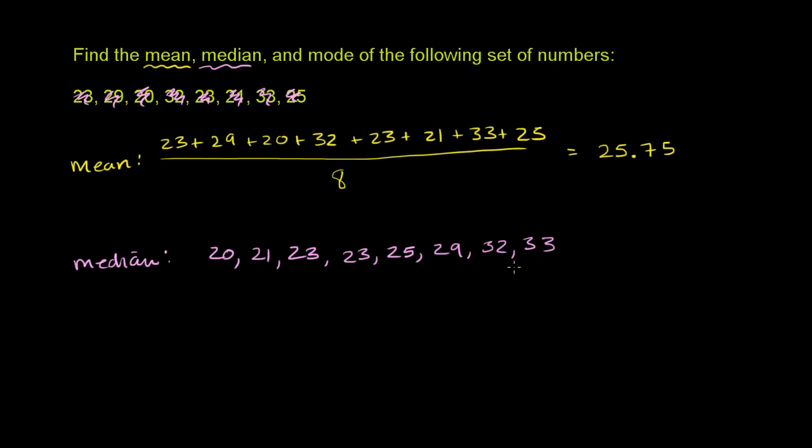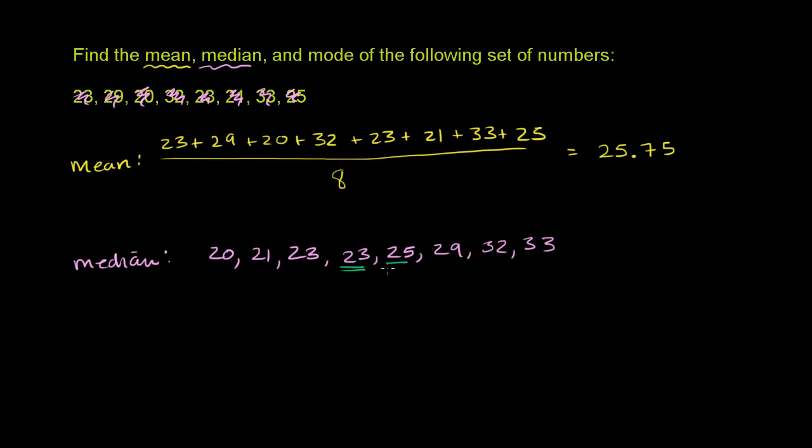So what's the middle number now that we've ordered it? We have 1, 2, 3, 4, 5, 6, 7, 8 numbers. We already knew that. And so there's actually going to be two middles. If you have an even number, there's actually two numbers that kind of qualify for the middle. And to actually get the median, we're going to average them. So 23 will be one of them. That by itself can't be the median because there's 3 less than it and there's 4 greater than it.